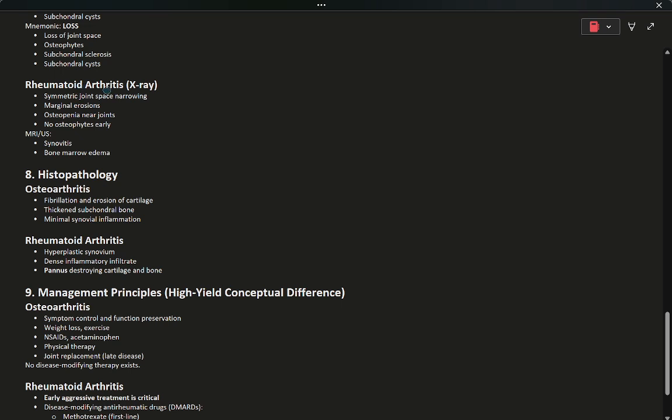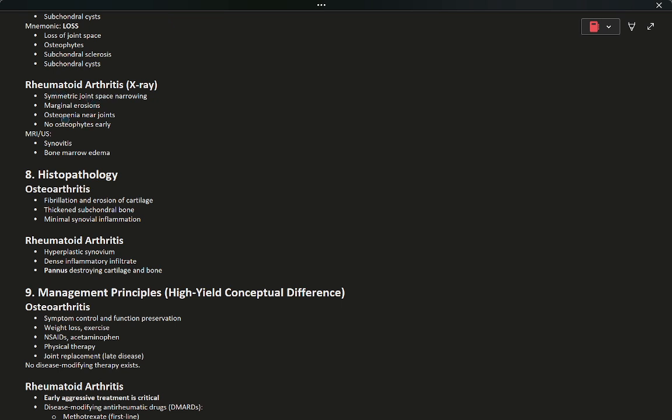For rheumatoid arthritis, the X-ray findings will show symmetric joint space narrowing, unlike in osteoarthritis. Because remember, osteoarthritis is asymmetric, while rheumatoid arthritis is symmetric regarding joint space narrowing. The X-ray will also show marginal erosions in patients with rheumatoid arthritis.